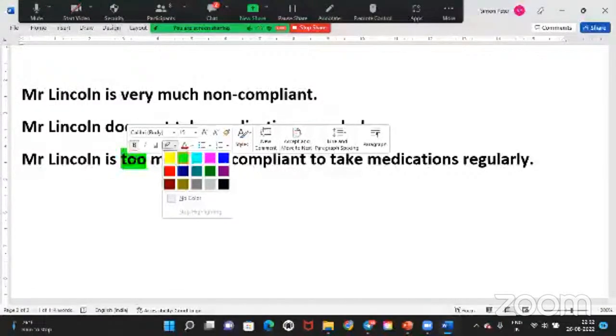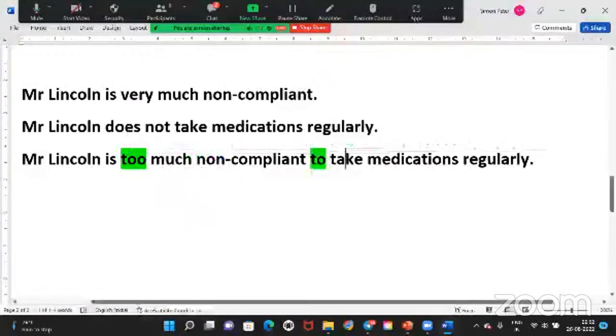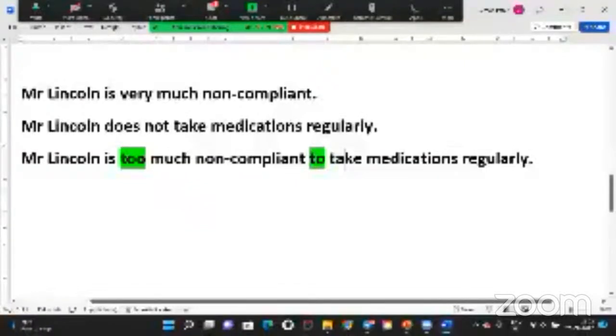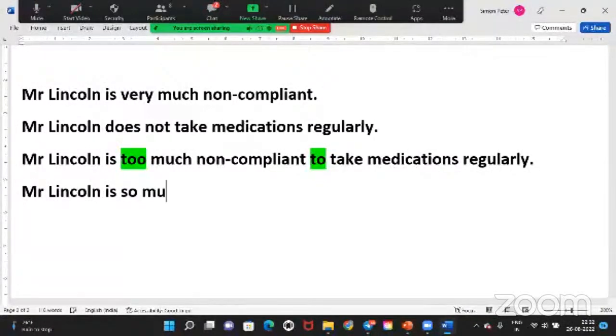Next one. Mr. Lincoln is so much non-compliant that he cannot take medications regularly. That's it. So that.